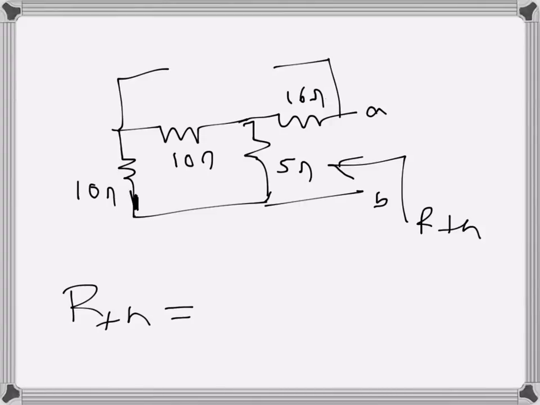This is R Thevenin. So that will be 16 ohms plus, that's in series with the parallel of 10 plus 10, these two are coming in series, so 20 parallel 5 ohms. These two are parallel paths, so 20 parallel 5 plus 16 is the total resistance.